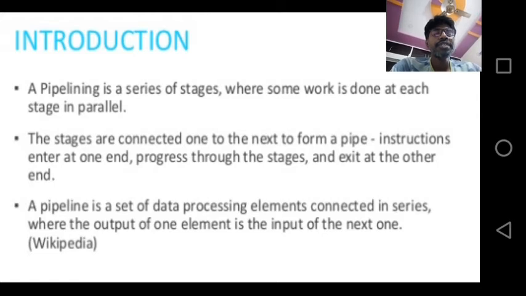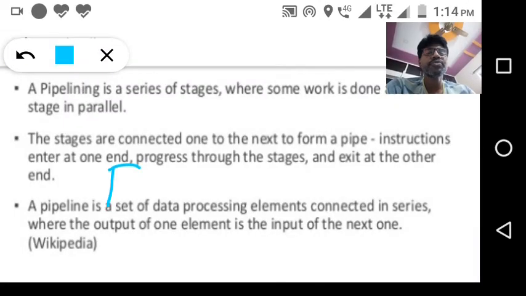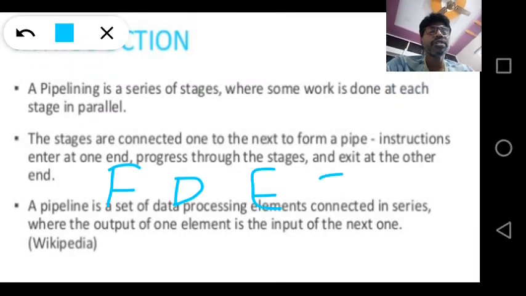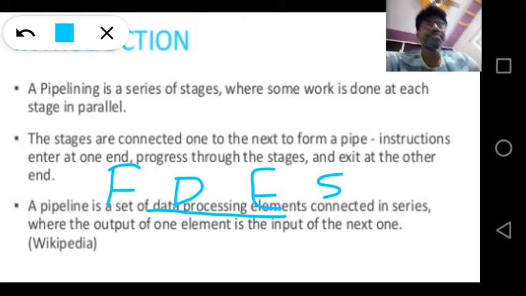A pipeline is a set of data processing elements connected in series. These fetch, decode, execute, store are called data processing elements, where the output of one element is the input of the next one.